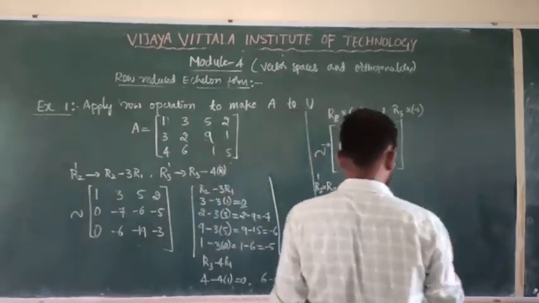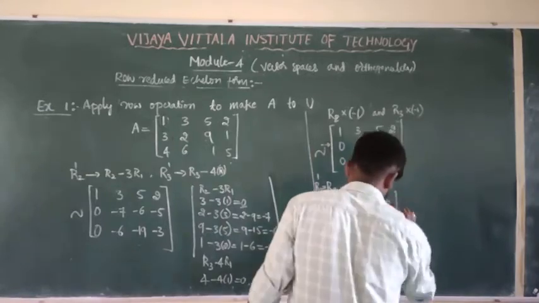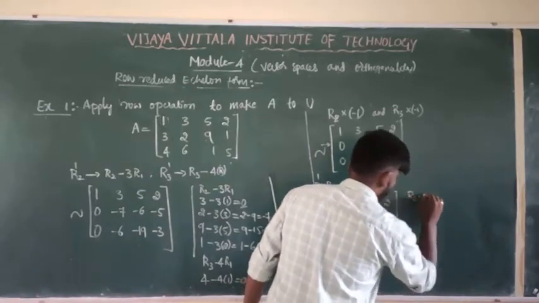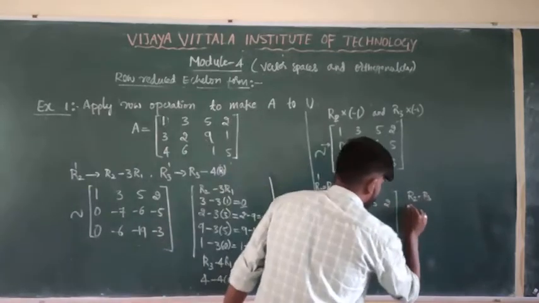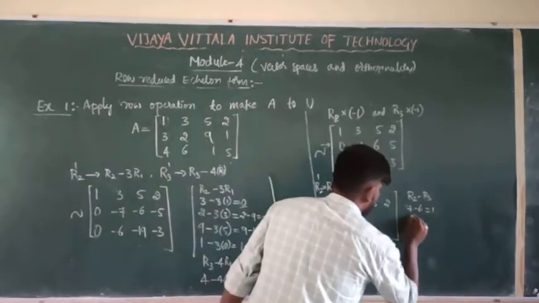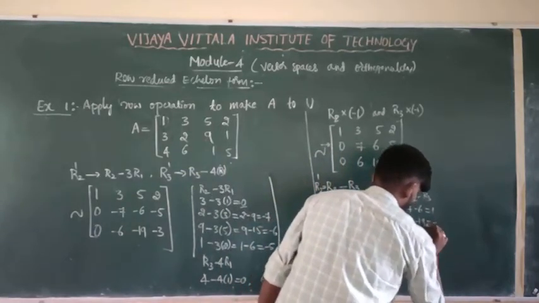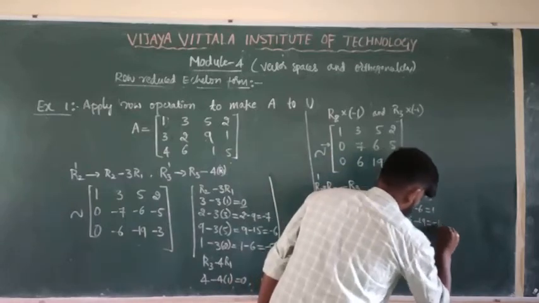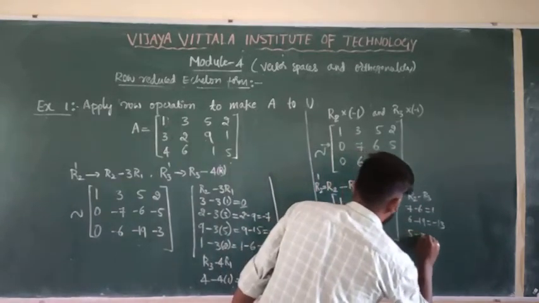For R2 minus R3: 7 minus 6 is equal to 1, and 6 minus 19 gives minus 13, and here 5 minus 3 gives 2.